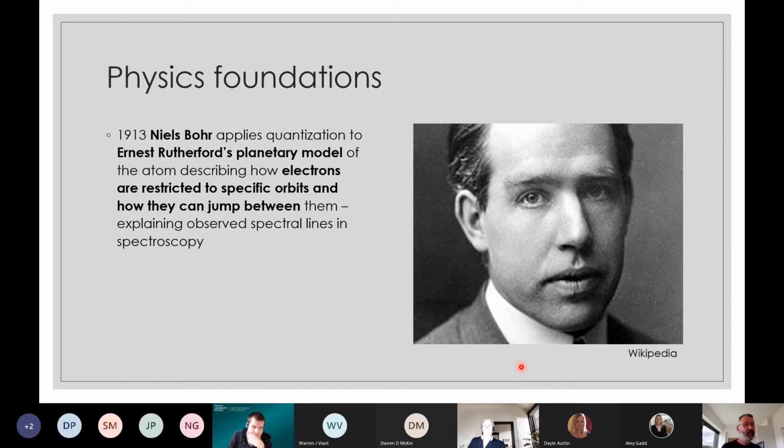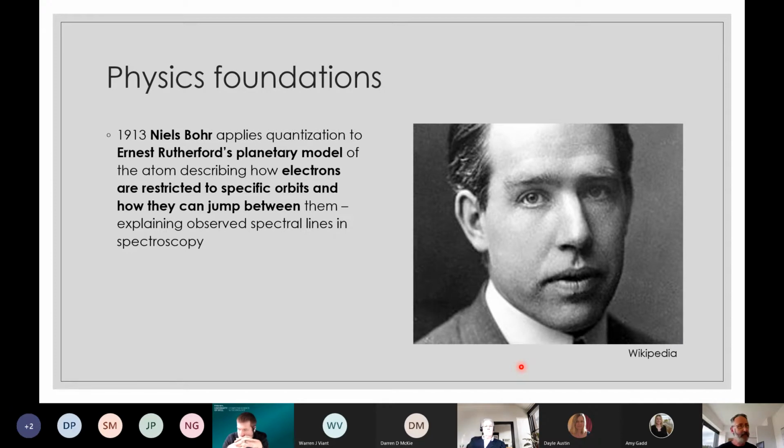And one of the problems was the behavior of electrons and how they fitted into those orbits. And Niels Bohr came along and he came up with a theory about how those electrons were restricted to specific orbits and how they could jump from one orbit to another. And he used this, and this explained how spectral lines occur in spectroscopy.